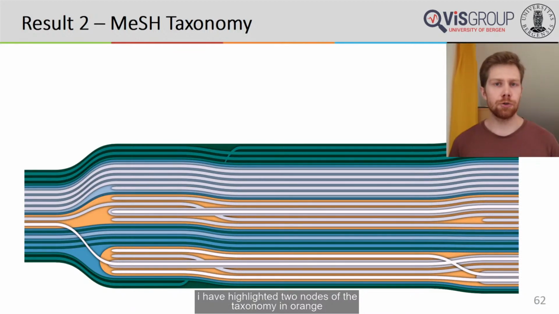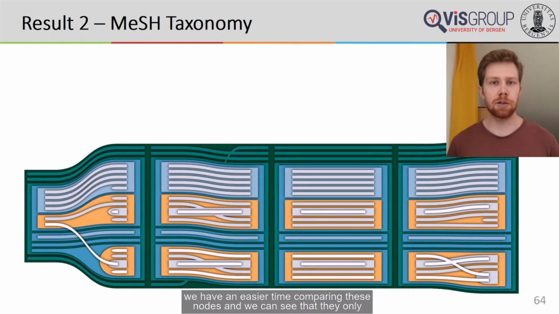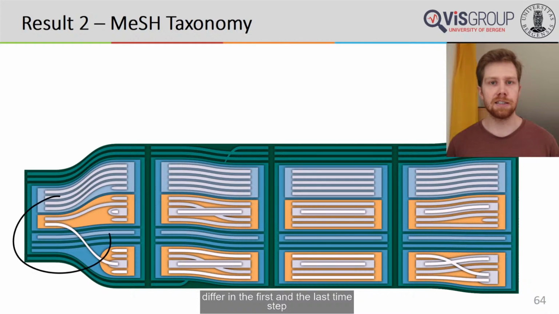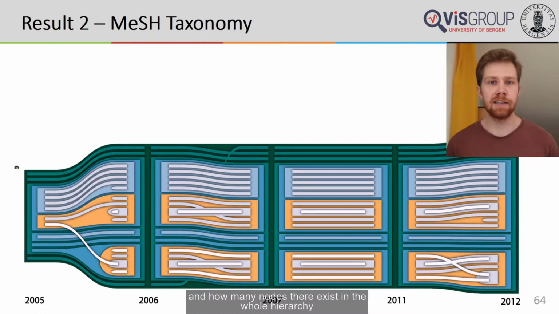I have highlighted 2 nodes of the taxonomy in orange, and they look surprisingly similar. When applying our split streams method, we have an easier time comparing these nodes, and we can see that they only differ in the first and the last time step. Additionally, we get an impression of how many time steps we are looking at and how many nodes there exist in the whole hierarchy.